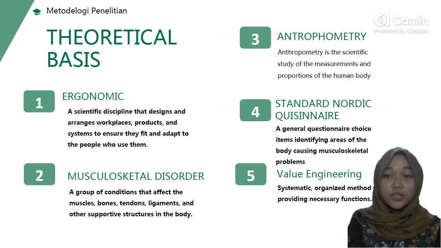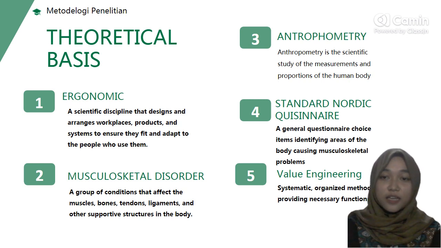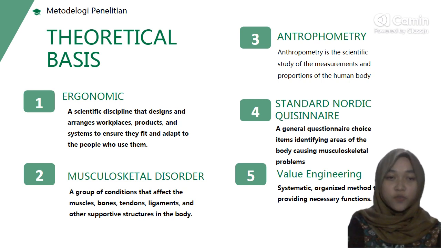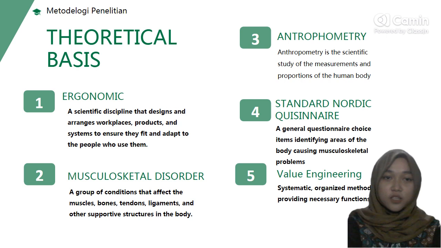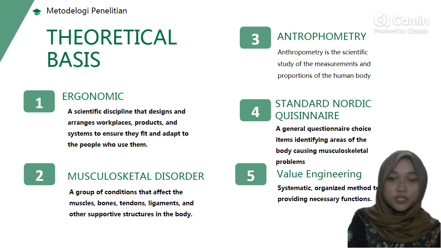It's like a general questionnaire, but with the SNQ we focus on identifying areas of the human body that may cause musculoskeletal problems. And then value engineering. Value engineering is a systematic organized method to eliminate unnecessary functions. This method has three steps: the information stage, the analysis stage, and then the evaluation stage.